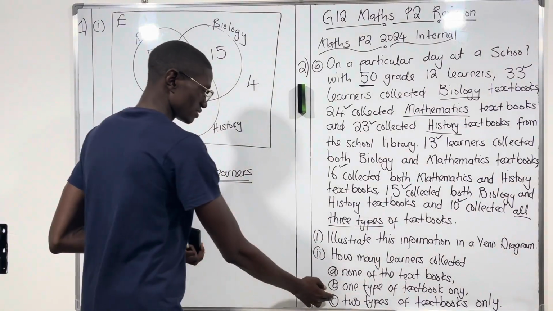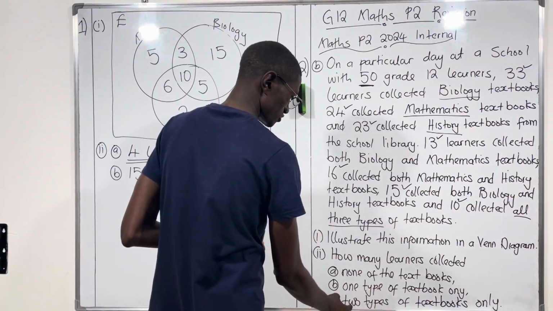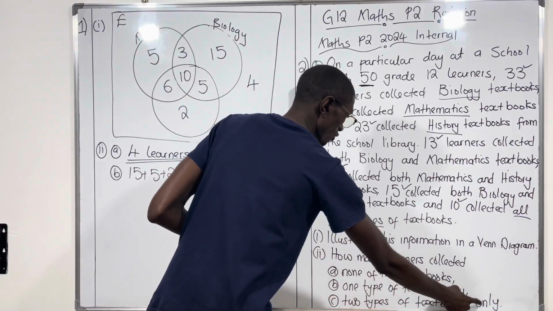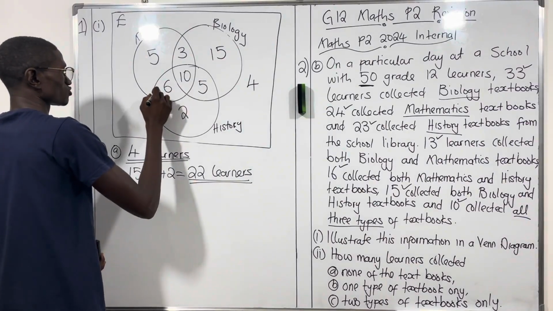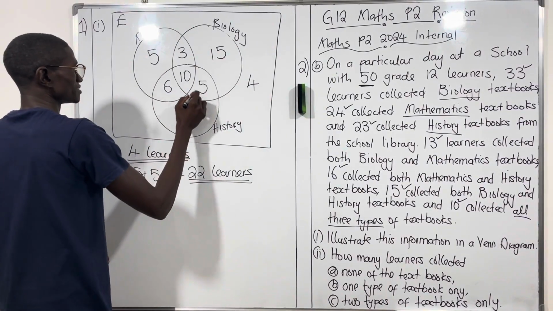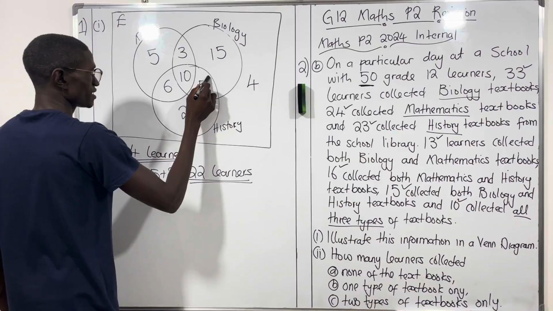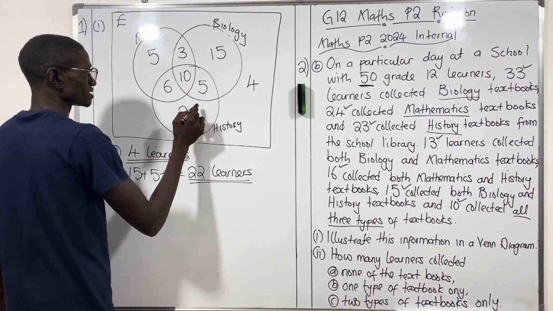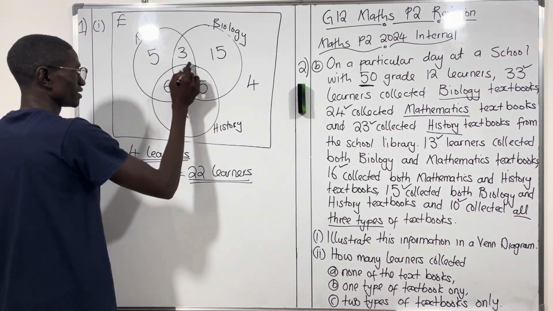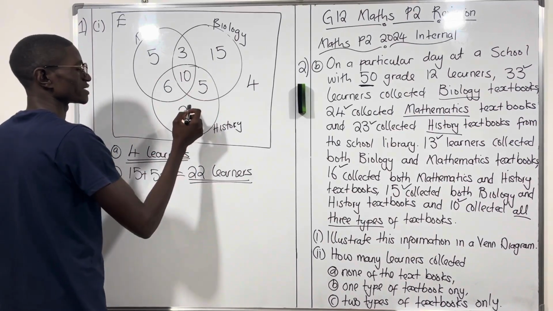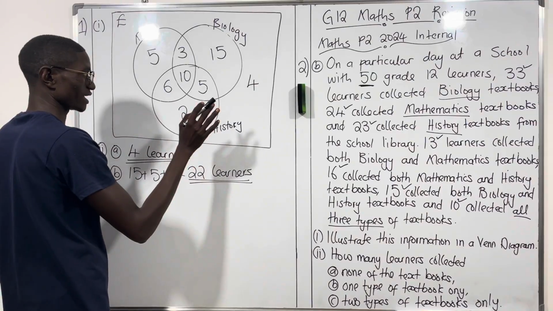We come to the last one. How many learners collected 2 types of textbooks only? 2 types of textbooks only. We now come to these guys here, there, and there. These ones here, they collected biology and history only. These ones here, the total of this one, they collected biology and history. There's no only there, okay?